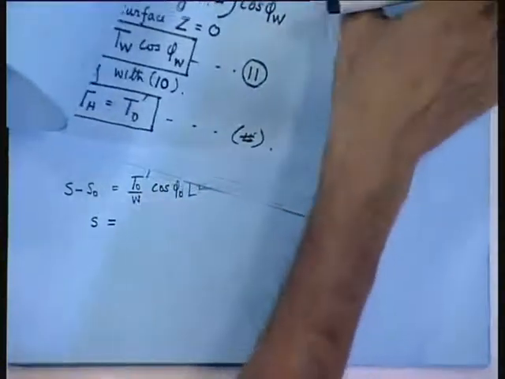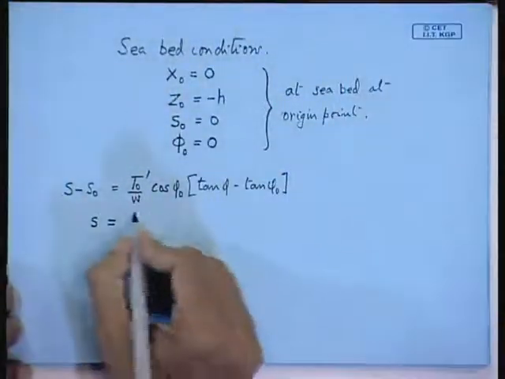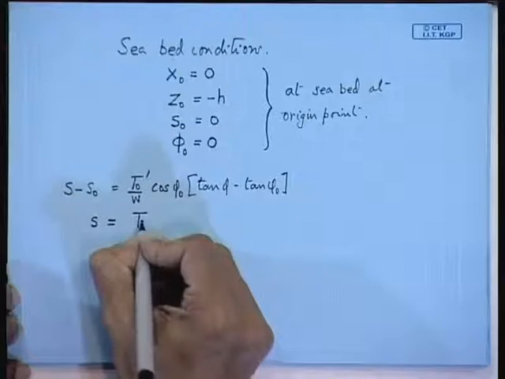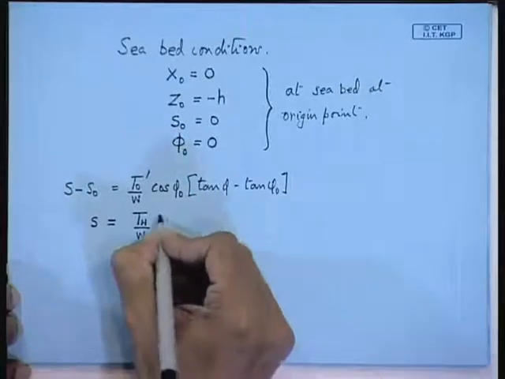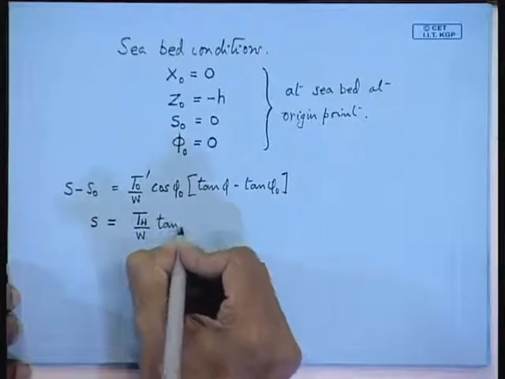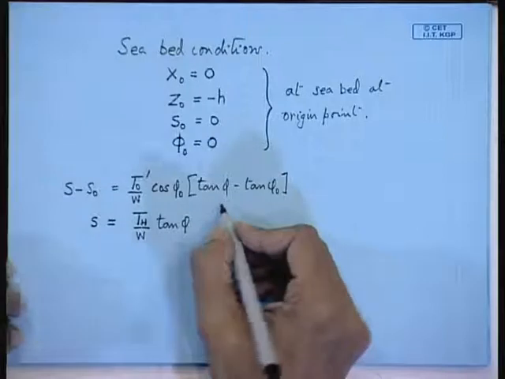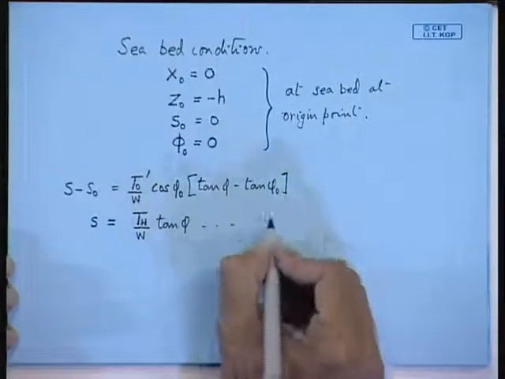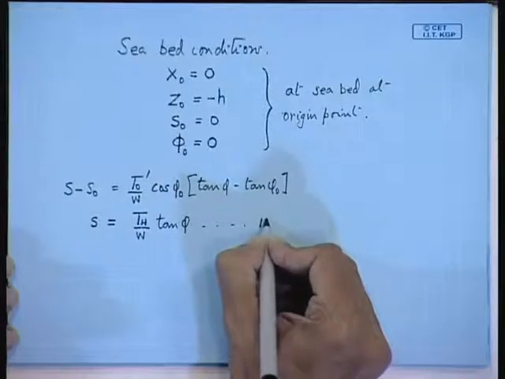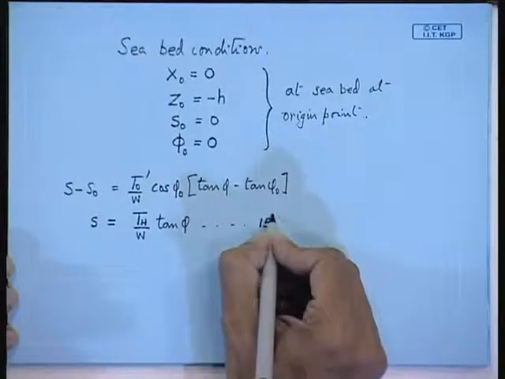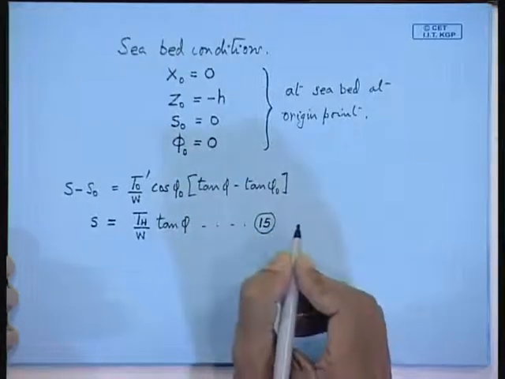So, here our equation becomes s equals T h over W multiplied by tan phi. You can write this with the equation number, I do not know your serial number, you check. This should be equation number 15. So, this one equation we have got from the length of the chain cable.